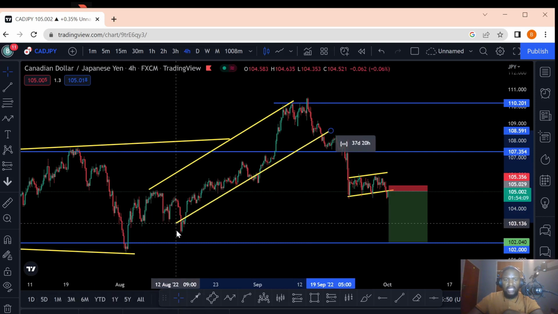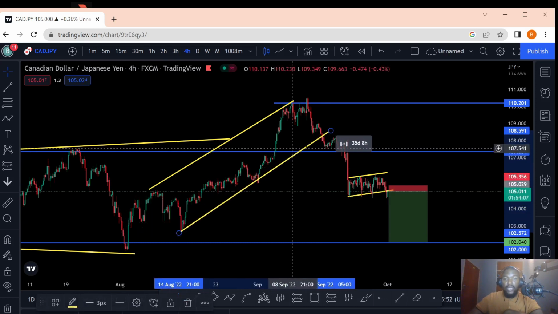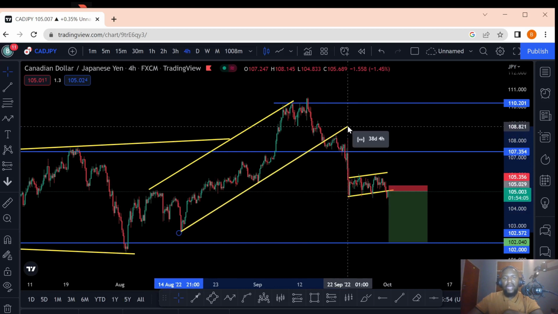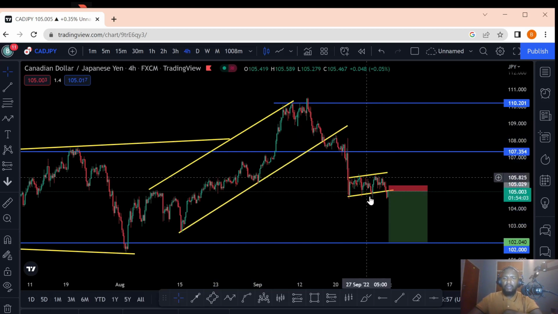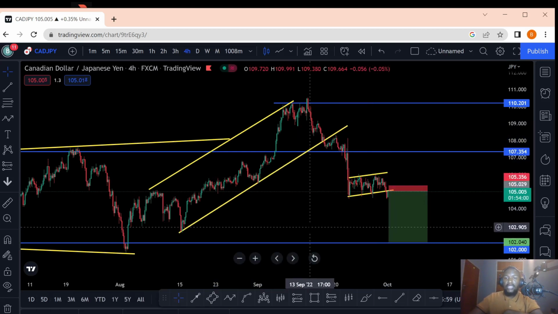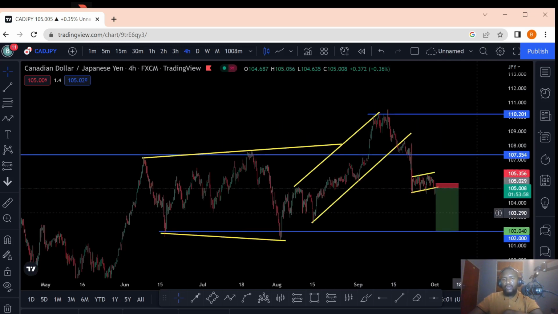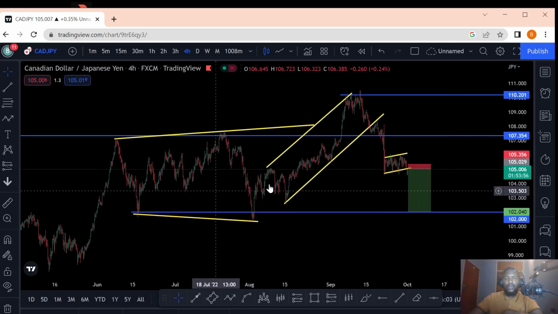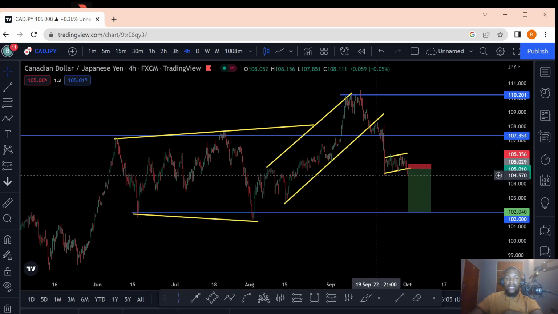So let's wait for the movement to happen, and let's see if our price is actually looking beautiful towards the downside.